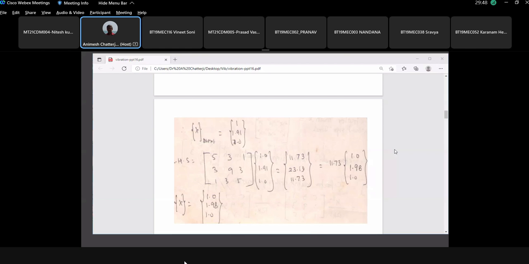So whatever you have written as that first sentence, now add another sentence: except when the starting vector happens to be exactly the same as higher mode shapes. In this case, the iteration did not proceed because 1, 0, minus 1 happened to be the second mode shape.